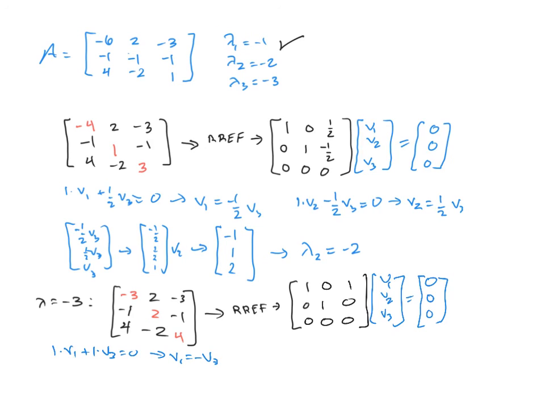And then you'll notice that you get just plain 1 v2 equals 0. That forces v2 to be equal to 0. So therefore your vector is going to be negative v3, 0, v3, which simplifies into just negative 1, 0, 1 for that corresponding eigenvector. And again, that's for lambda equal to negative 3.